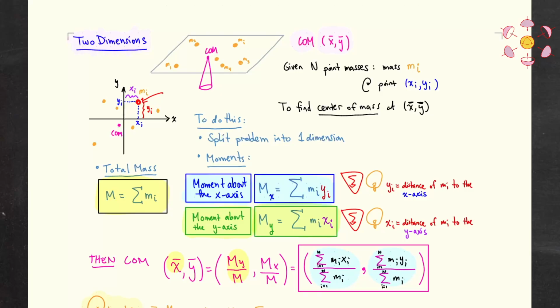Okay, My is the moment about the y-axis, which means measure how far away it is to the y-axis, well, notice that that's where we need the xi.